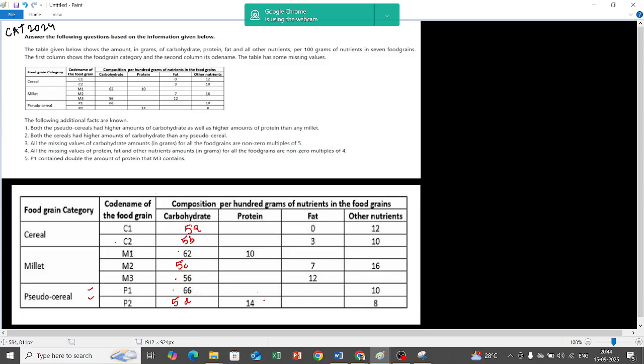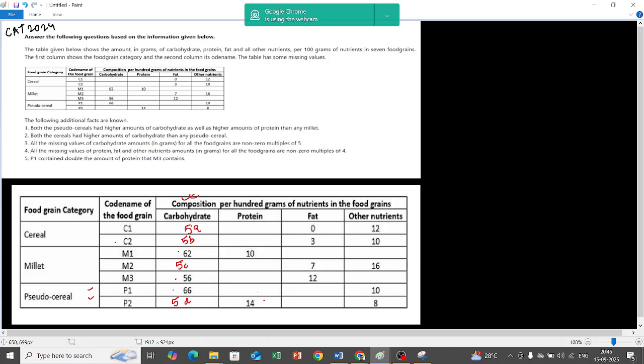Did you understand what just happened? In this carbohydrate column, whatever empty spaces we have are nothing but non-zero multiples of 5. So 5a, 5b, 5c, 5d.